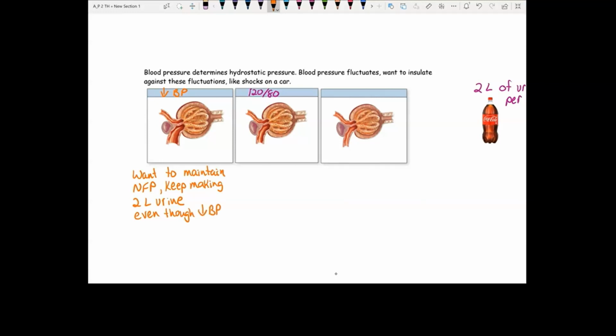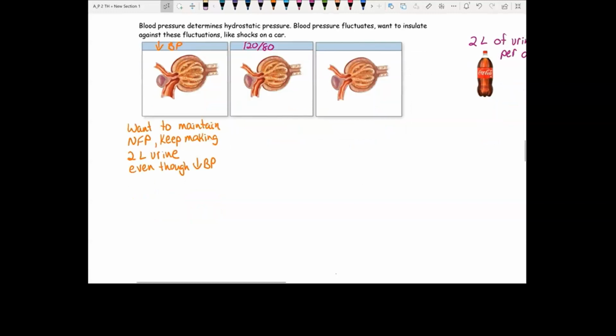So we don't have as much force pushing the blood through the kidneys. So we have to compensate for this.